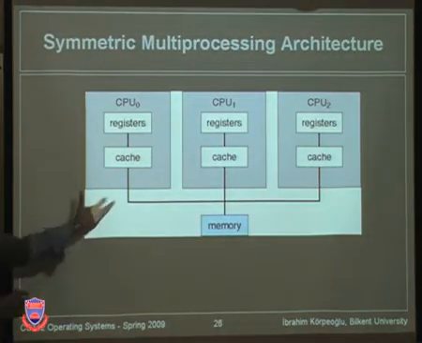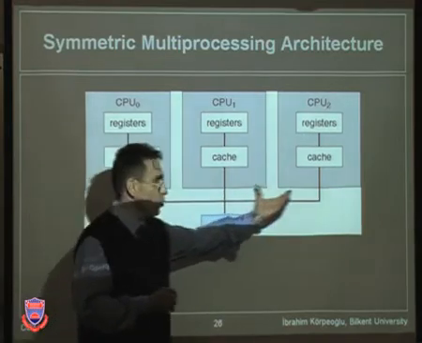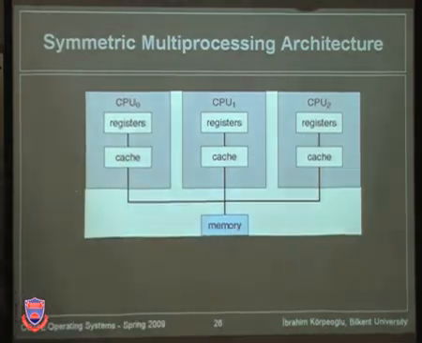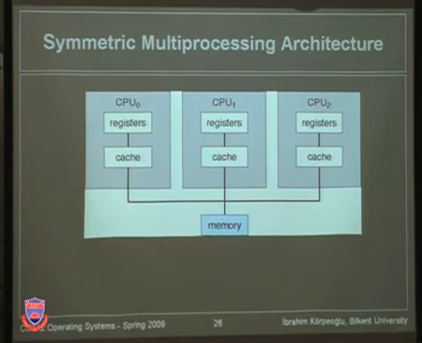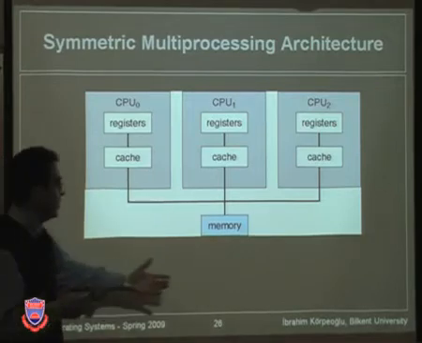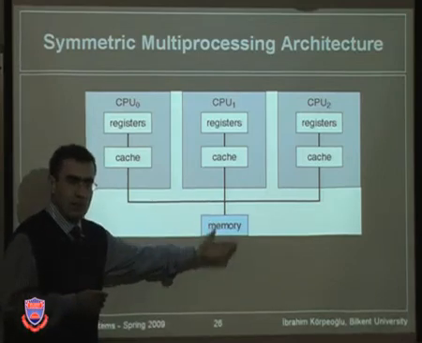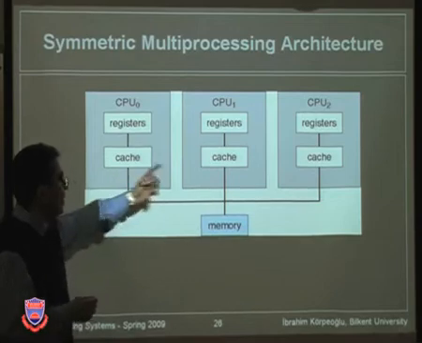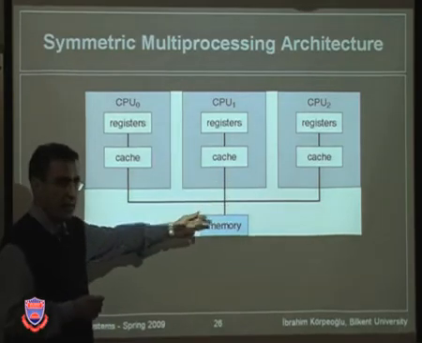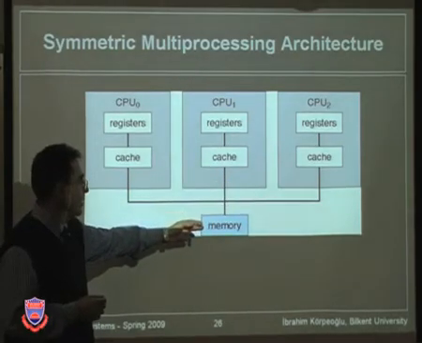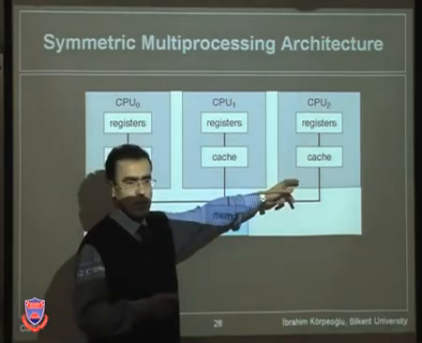In symmetric multiprocessing, in the same computer, we have different CPUs, each having the same capability, being able to run programs. And the operating system, for example, decides which programs loaded into memory will be run in which CPU. The OS, the system software, can decide this program will be run here because that CPU is idle, and so on.